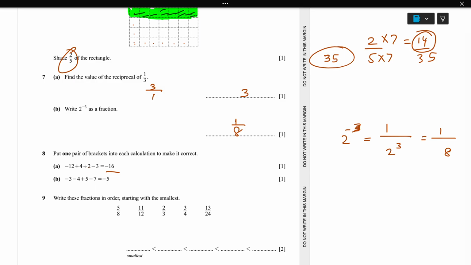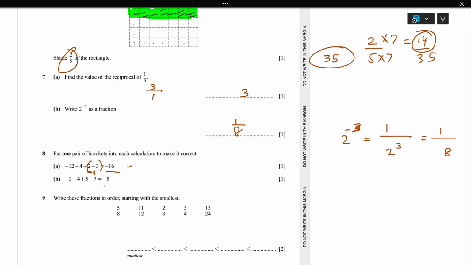We can put a bracket here. Using the BODMAS rule, 2 minus 1 is 1, so the bracket gives -1. So 4 divided by -1 is going to be -4. So -12 minus -4 is going to be -16. So the bracket is here.